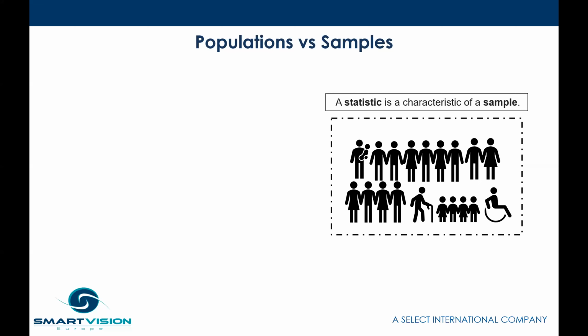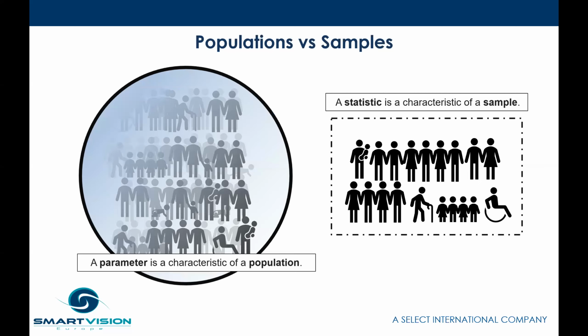Samples are, of course, drawn from much larger groups, a group called the population. So if you take a sample of water from an ocean, it's just a sample, but the ocean is the population. And the values associated with the population are called parameters.